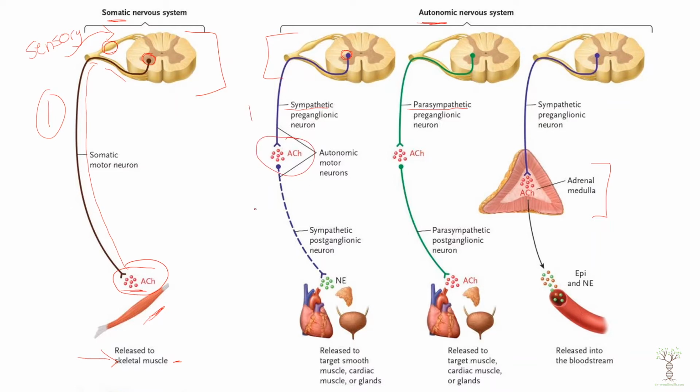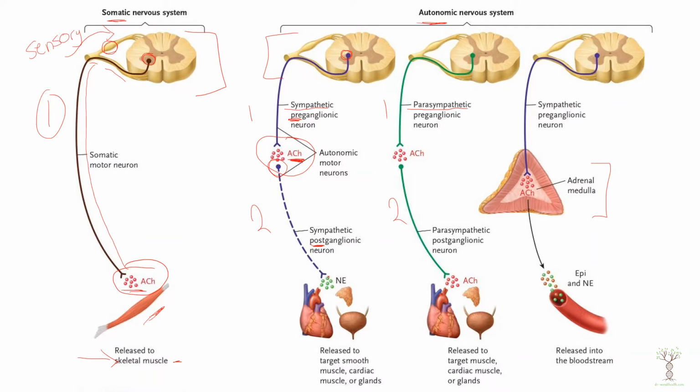There are two neurons when we look at the autonomic nervous system. So we have ganglia. This is where there's going to be a lot of cell bodies grouped together in the peripheral nervous system. So we have a pre-ganglionic neuron and a post-ganglionic neuron. When we have this first synapse, the neurotransmitter is acetylcholine.